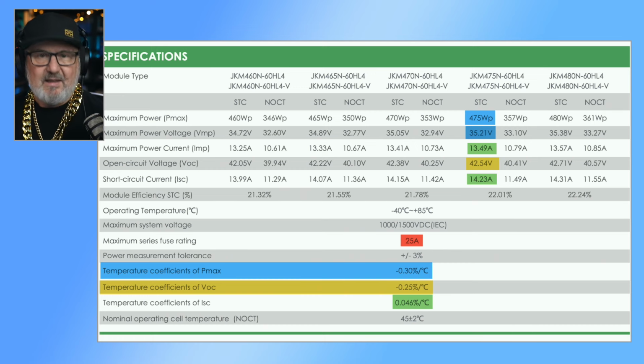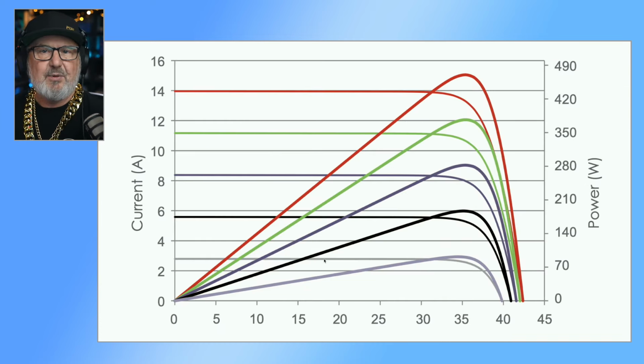Okay, let's jump into a bit of drawing at this point. Actually, I might just bring up one more slide. So here's an example of IV curves, and this is from the same data sheet. By the way, that was for a Jinko 475 watt series module from probably a year or so ago.